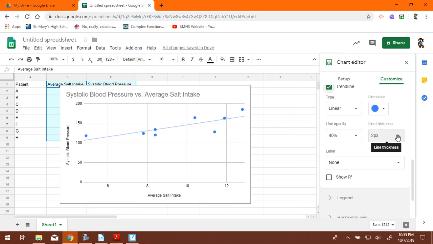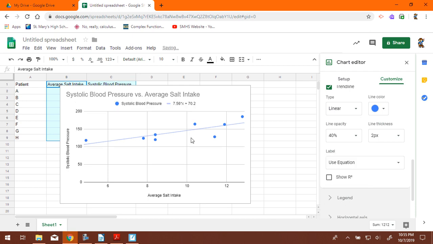Now, if I want to show its equation, the spreadsheet can actually do that for me too. It can give me the equation of this line of best fit. So down here where it says label, we're going to switch to use equation. So now the equation shows up. Finally below it, there's this box that says show R squared. Now I want you to click it.